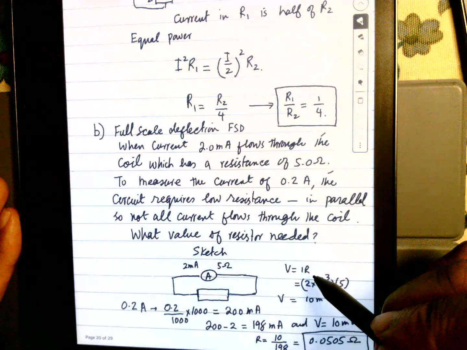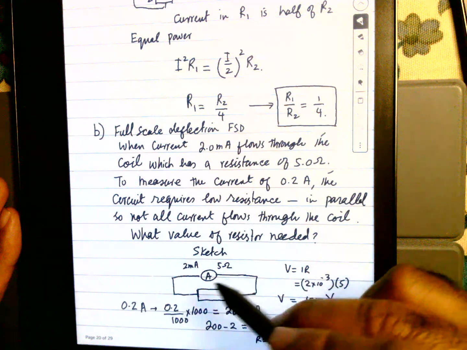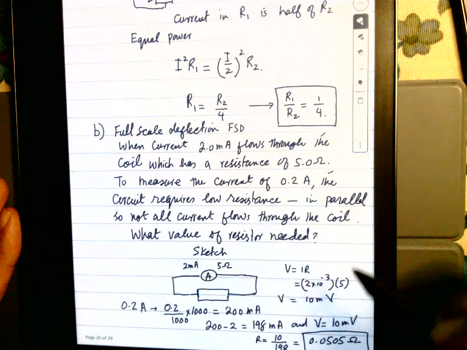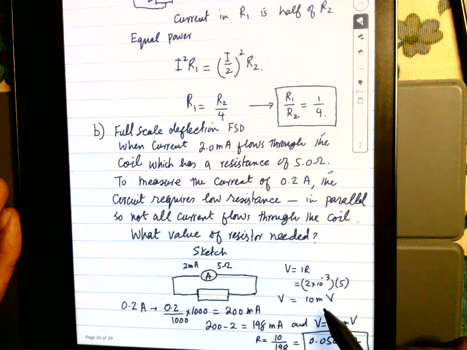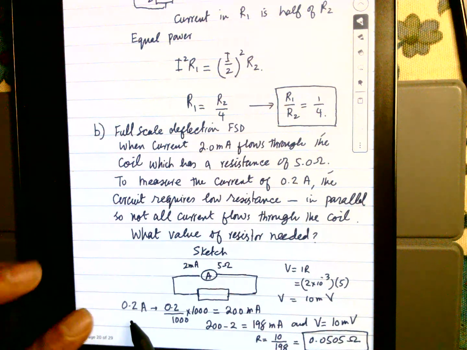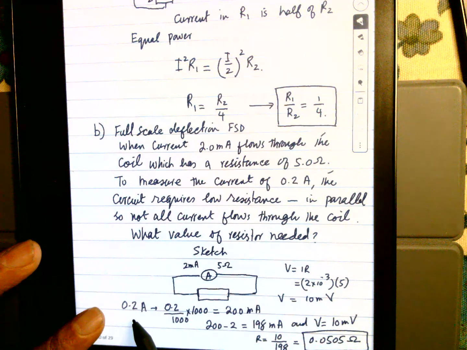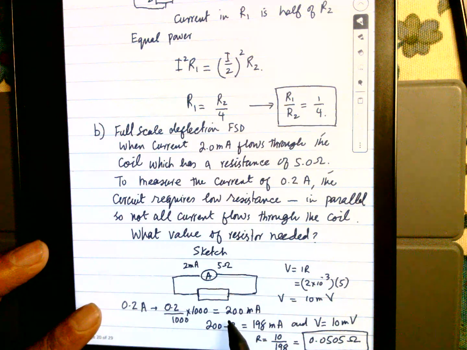So V is equal to IR. So V is equal to 2 milliamp multiplied by 5. So the voltage across this one is 10 millivolt. For 0.2 amp, that is 200 milliampere.